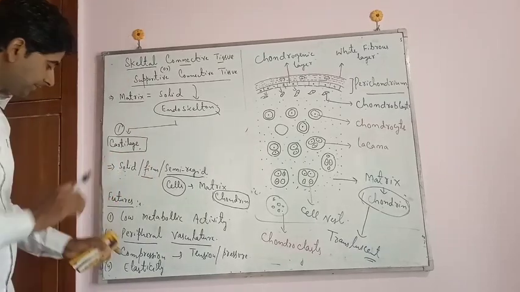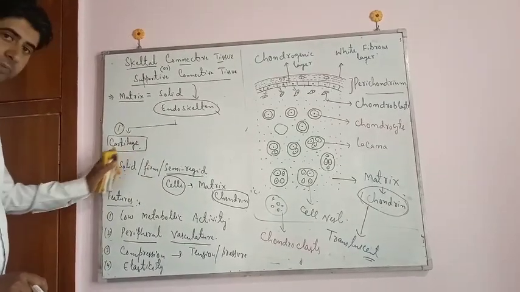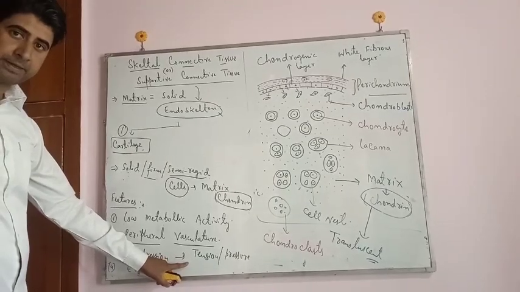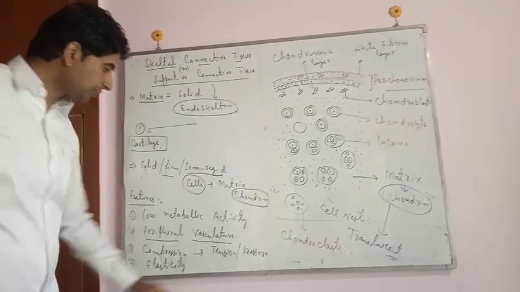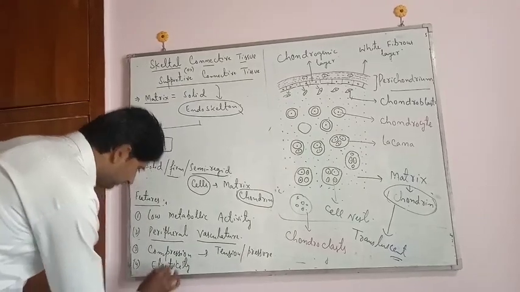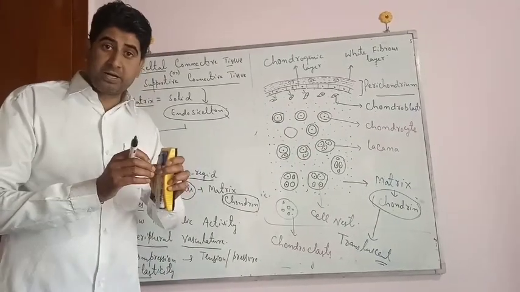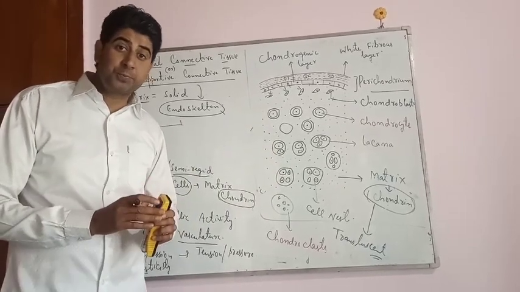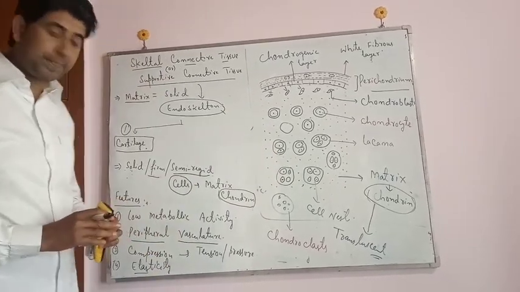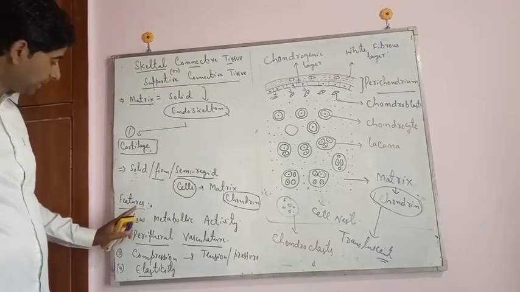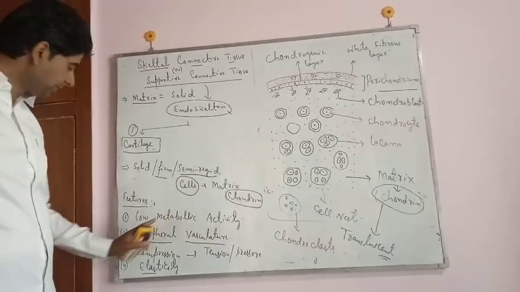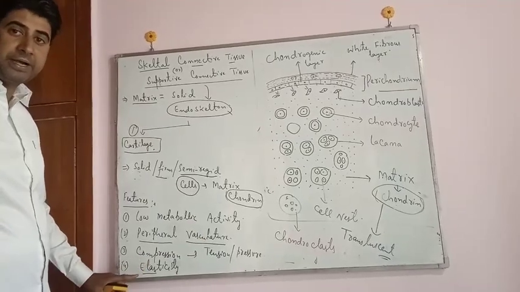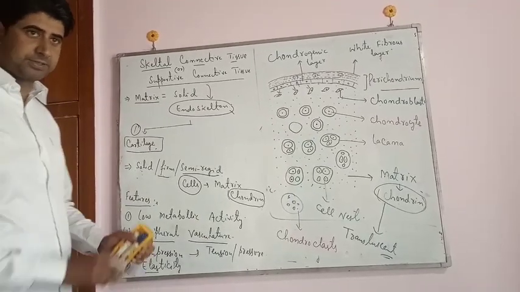So likewise, the cartilage shows compression upon the pressure or upon the tension, and it also shows the elasticity. जब हम pressure हटाते हैं, they regain their original shape or original position, उसी को हम कहते हैं elasticity. That means they possess the four features. They have the low metabolic activity. Number next is the peripheral vasculature. Number third one is the compression, and fourth one is the elasticity.